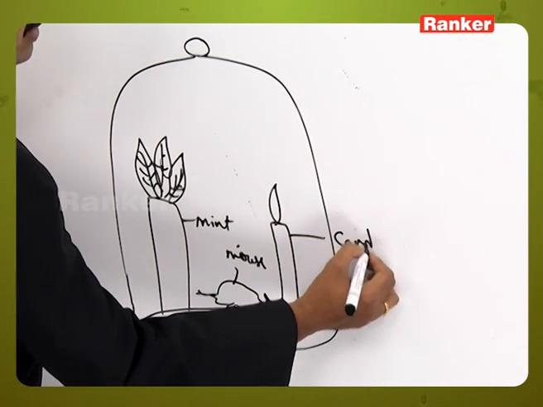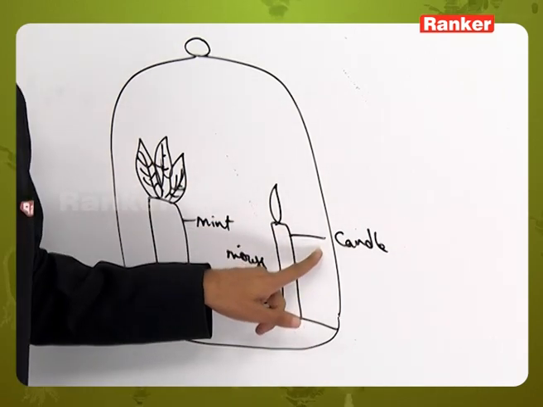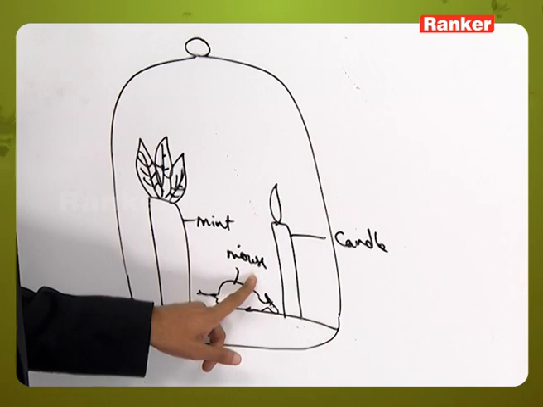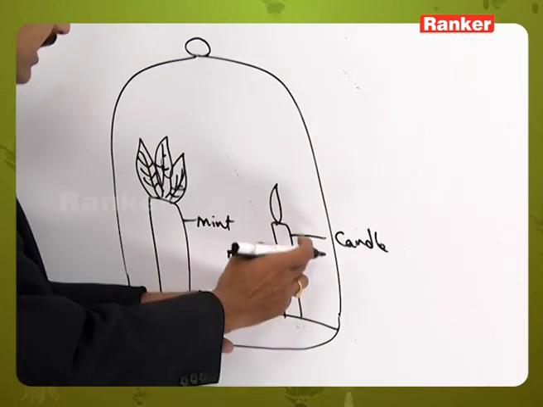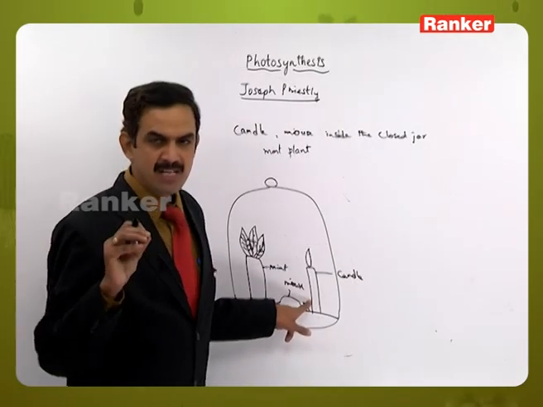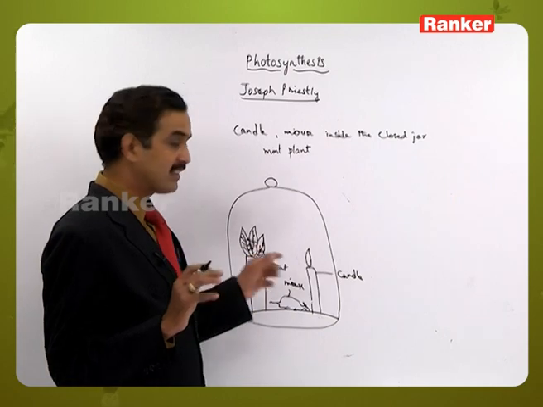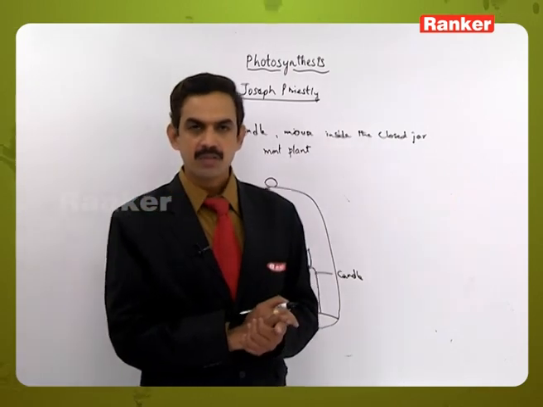was also burning. That means for burning of this candle, as we said, they require some gas, and for survival of the mouse also they require some gas. So that is being provided by the mint plant, and the damage caused by the candle and the mouse was compensated by the mint plant.